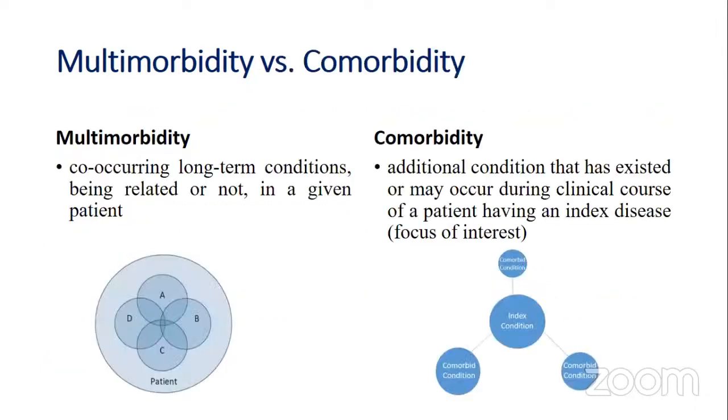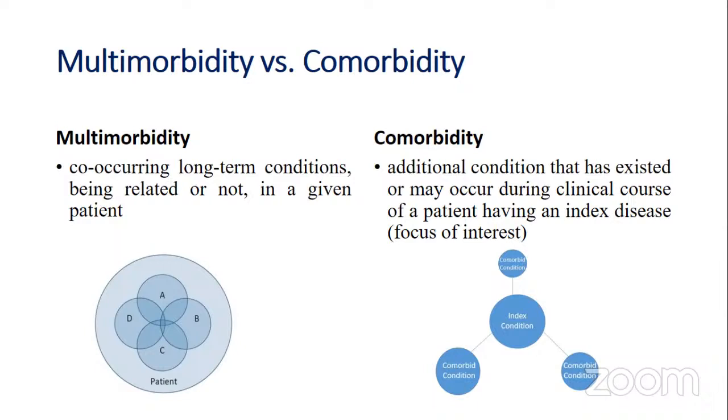Often multimorbidity is used interchangeably with comorbidity. So let us try to understand what multimorbidity is and what comorbidity is. Multimorbidity is the co-occurrence of long-term conditions which may or may not be related in a given patient. Say, for example, a patient has hypertension and diabetes.